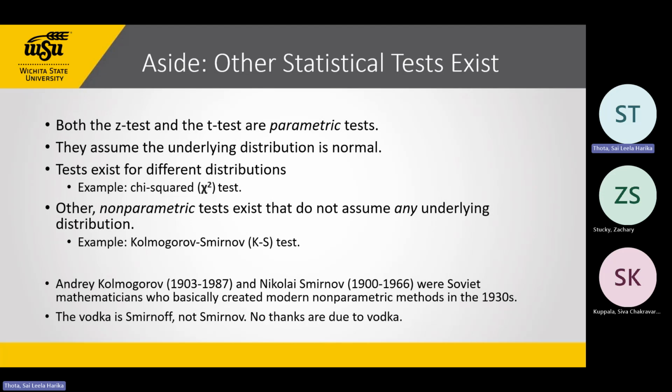I uploaded a statistical tables PDF to the Blackboard, where you can observe different types of tests compared to Z, T and chi-square. Those are preferred if your sample size is very low, not greater than 30 or much less than 30. Then you will prefer other tests, and those are some of the other tests.